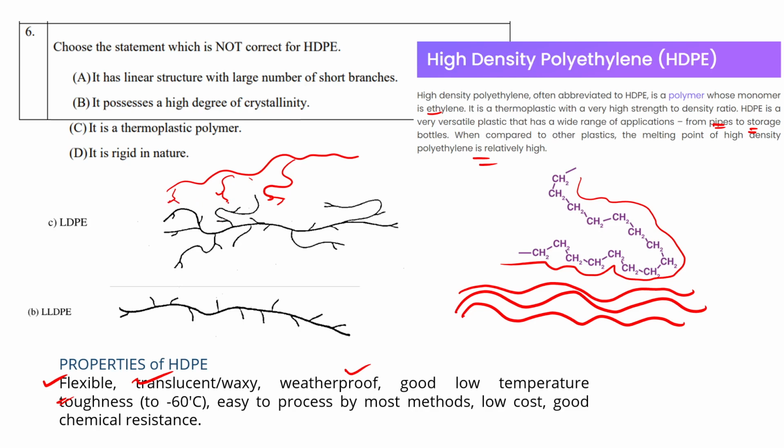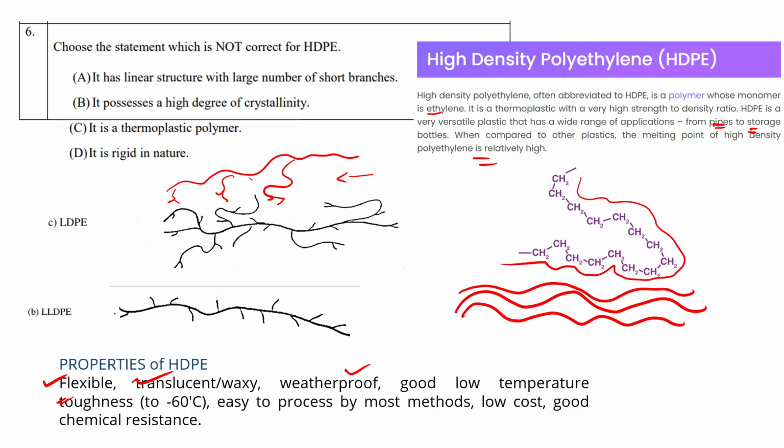So they repel each other, and there you have lower density, and accordingly the different properties like flexibility and translucency are going to be hampered. So those are the properties for low density polyethylene.